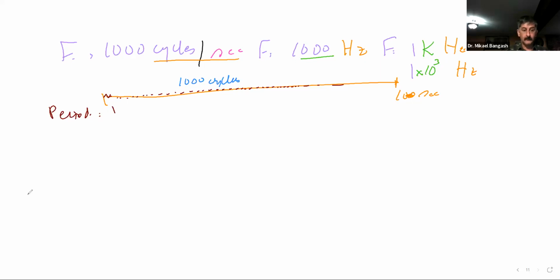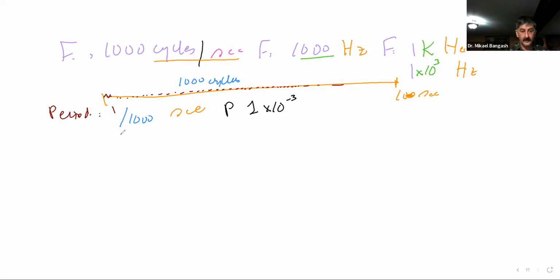That's going to be 1 over 1000 of a second. So this 1 over 1000 of a second can be written like this. It could also be written as 1 multiplied by 10 raised to the power minus 3. Clear?